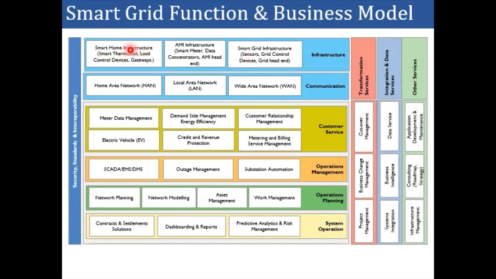There may be smart home appliances or smart thermostats, or data coming from AMI infrastructure for metadata management, or from various field devices such as sensors or other data acquisition devices, which are part of the infrastructure for data acquisition. These are required to send the data to the functional layer, and then the functional layer will share data with the various business layers where the business related activities are carried out.